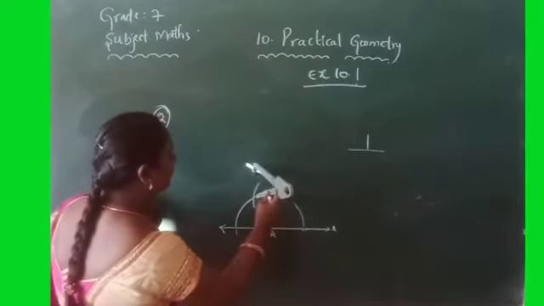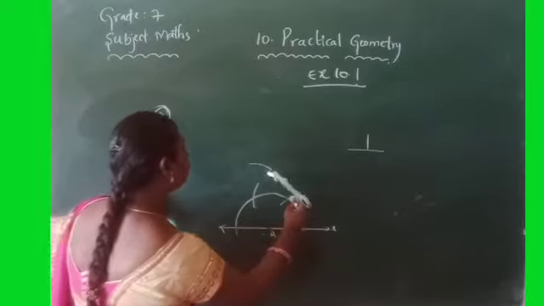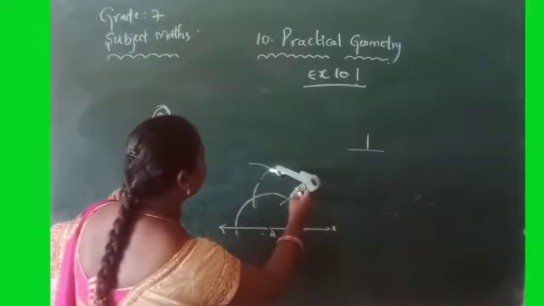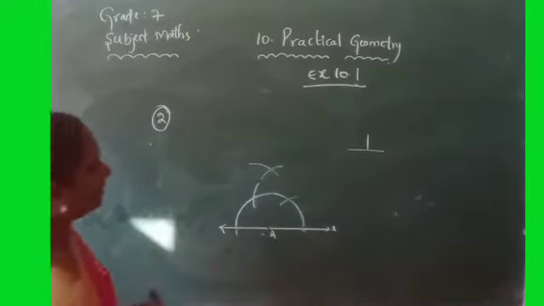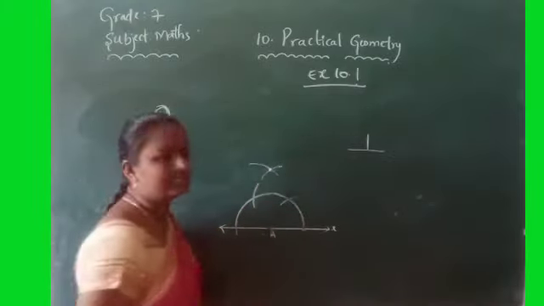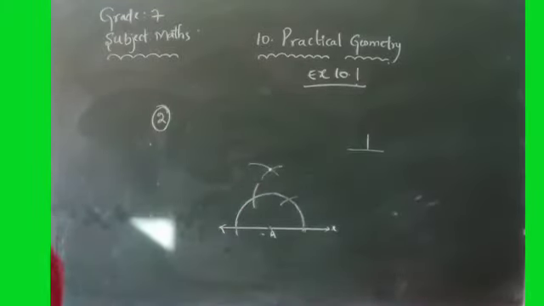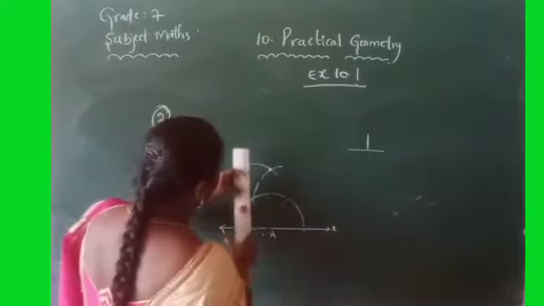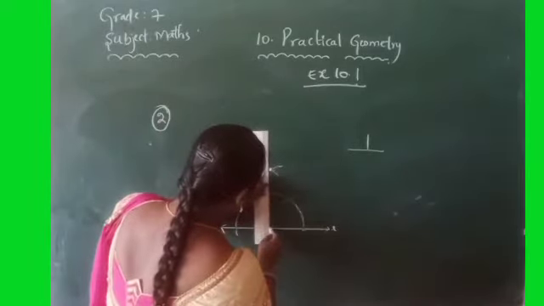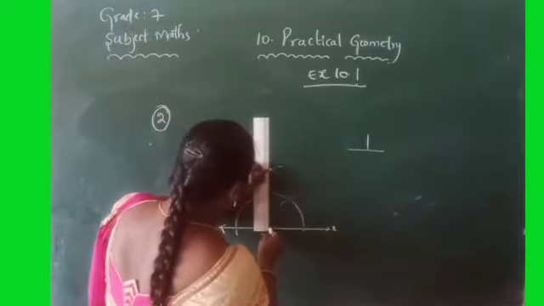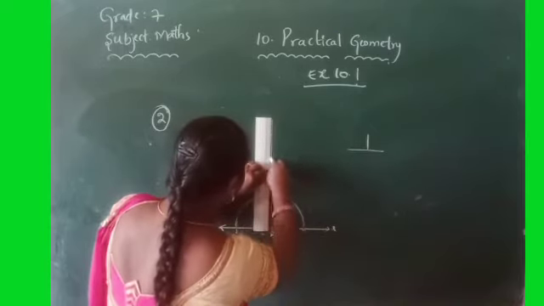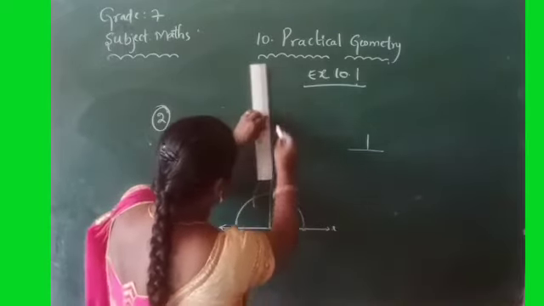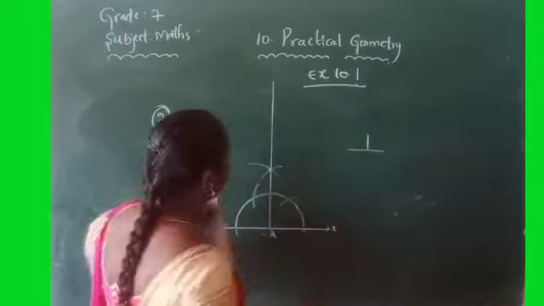Those arcs intersect at one point. Now what you have to do? You have to join. Join with the help of the ruler, like this.